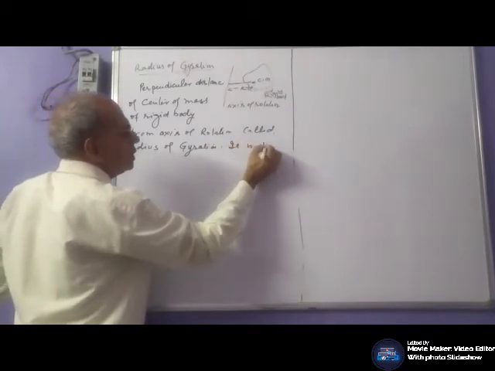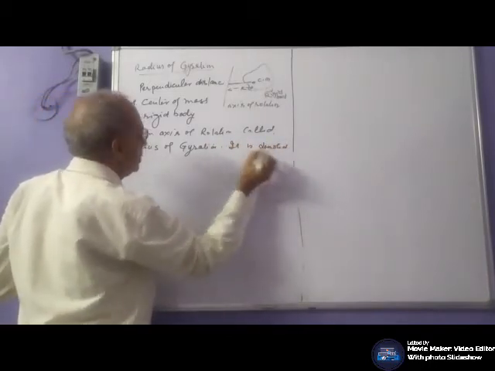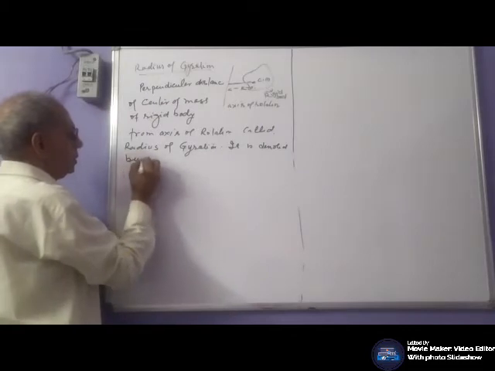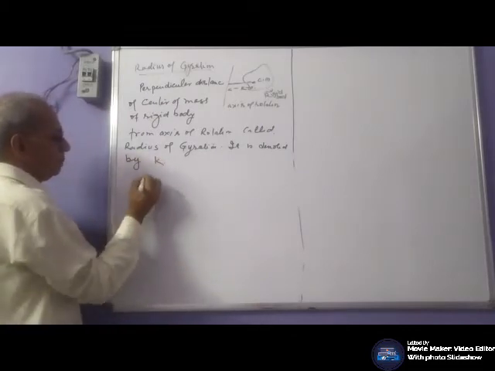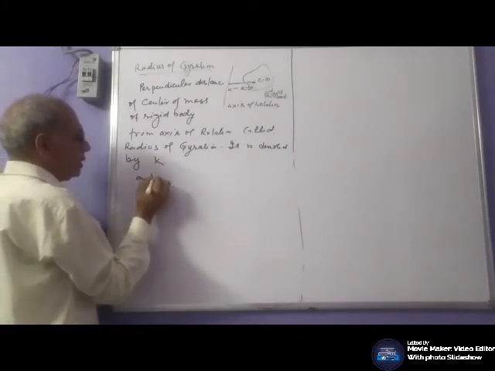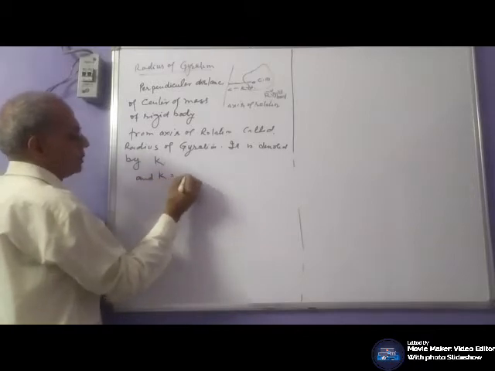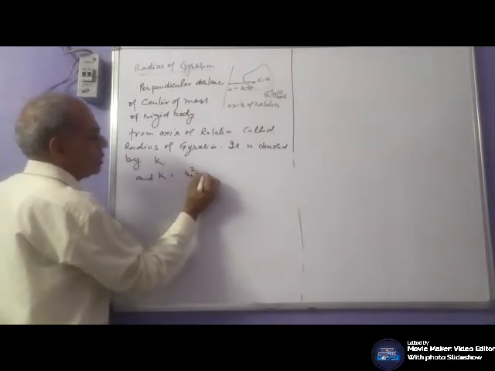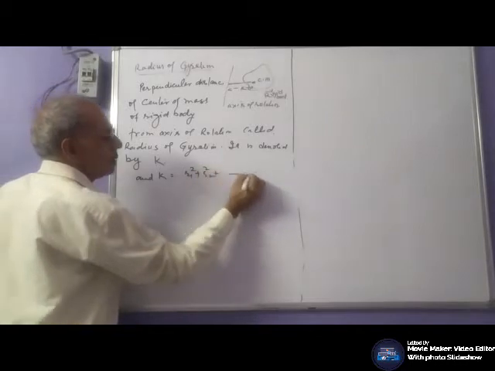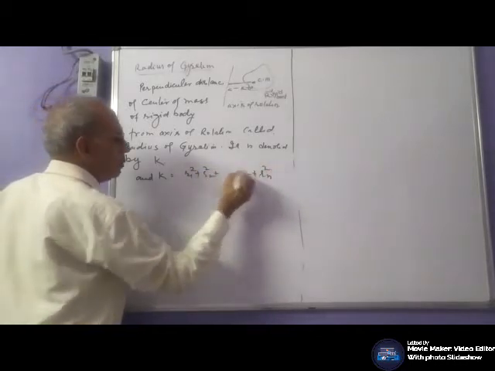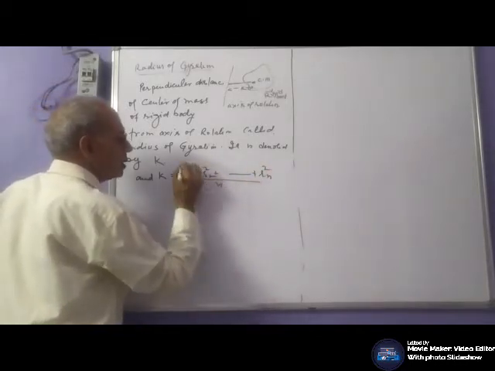It is denoted by capital K, and capital K was r1 square plus r2 square plus rn square by n under the root.